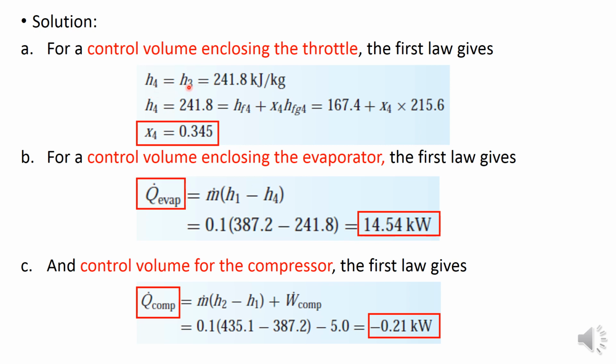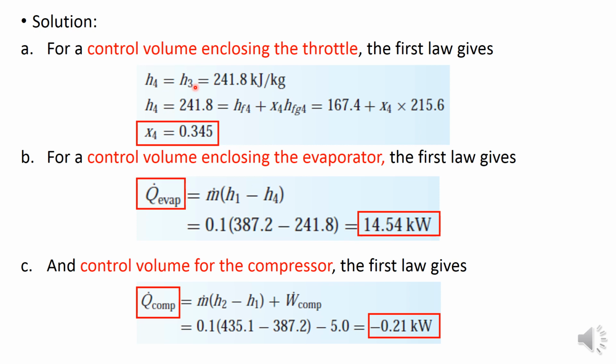Remember, the enthalpies at the inlet and exit are equal and all the rest of the terms vanish. Hence I have taken H4 equal to H3, and at 3, at the entry of the throttle, the temperature is 30 degrees Celsius and the dryness fraction is 0, so it is saturated liquid.